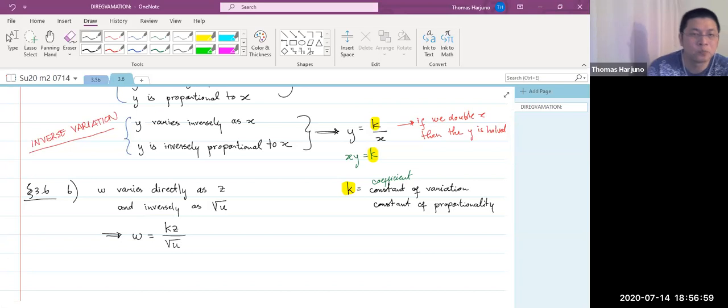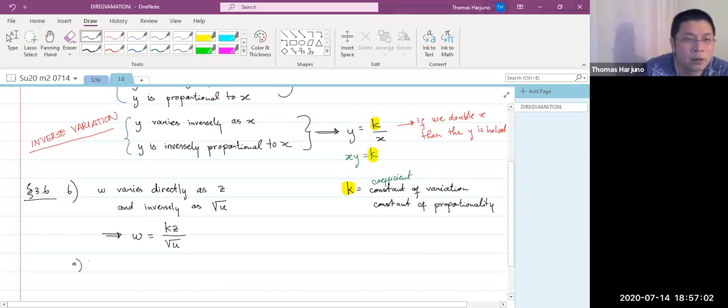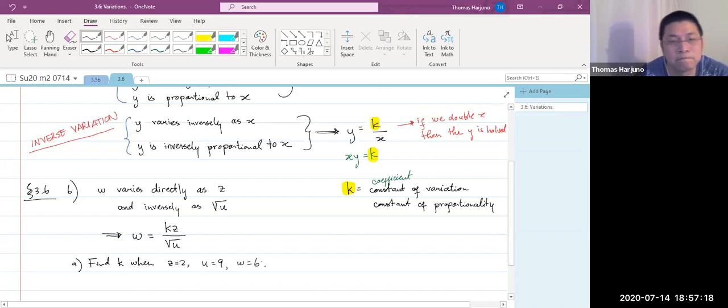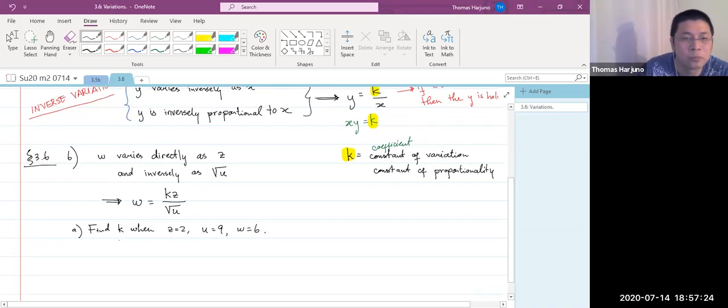Now then, find K, first part, find K when C equals 2, U equals 9, W equals 6. And plug in numbers for K. So W is 6 equals K times C over square root of 9. That's 6 equals 2K over 3.